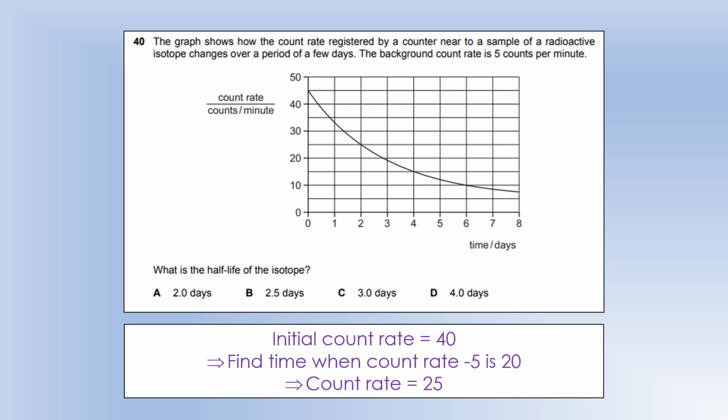So we need to find out when the source is emitting 20 counts per minute, but we need to measure 25 because we've still got 5 counts of background. So we're looking for when it goes to 25, and if you read that off the graph, that's clearly 2 days. So you have to remember to factor in the background here. That's why most people will get this question wrong.